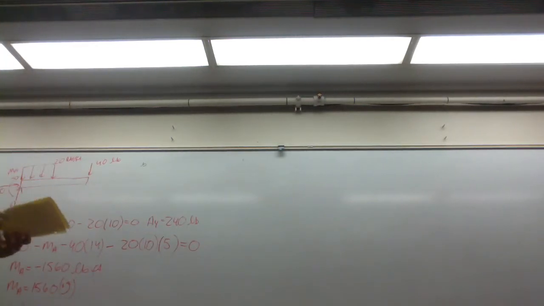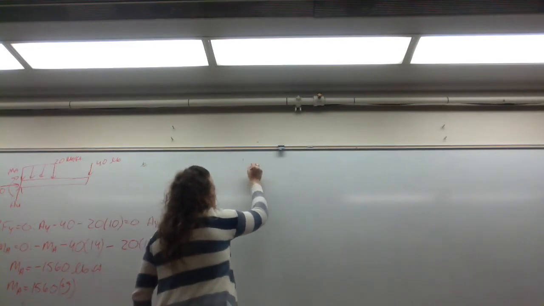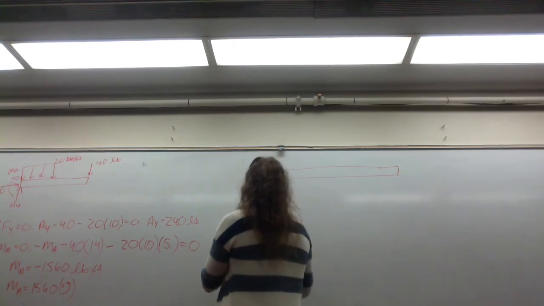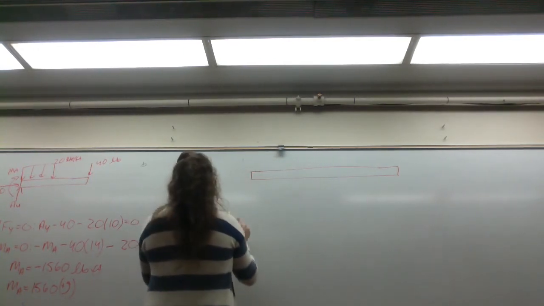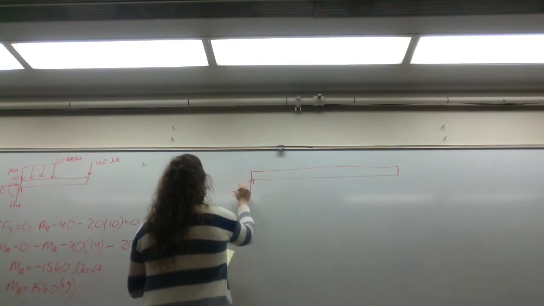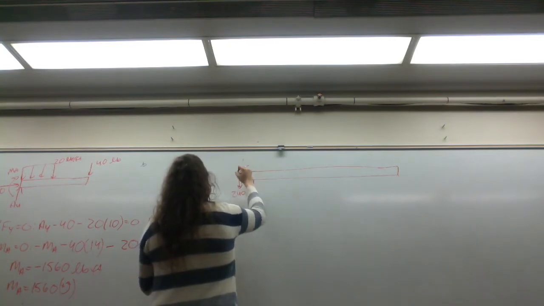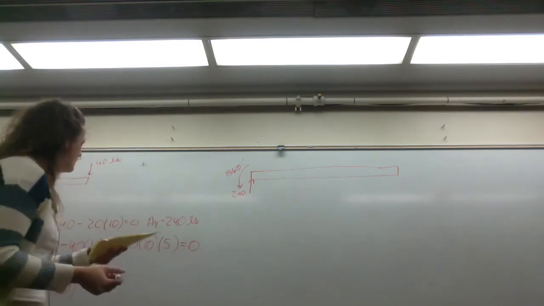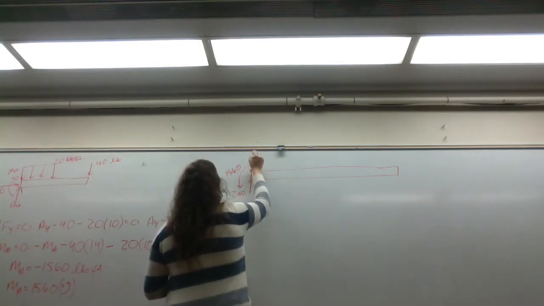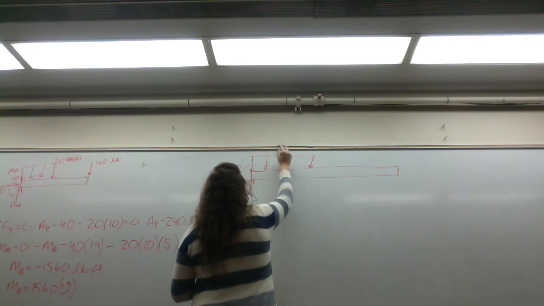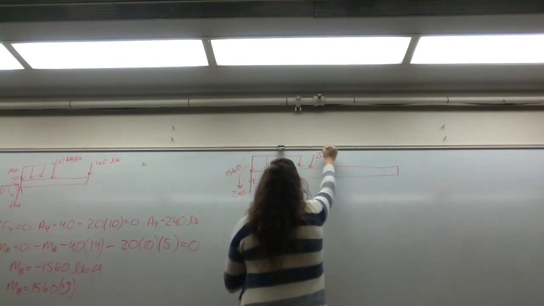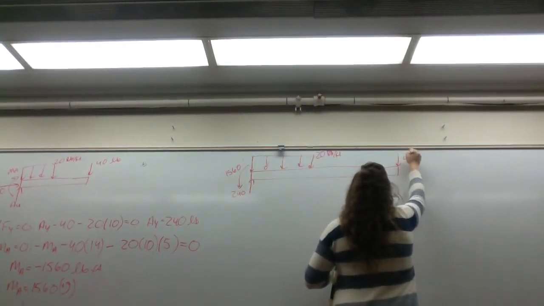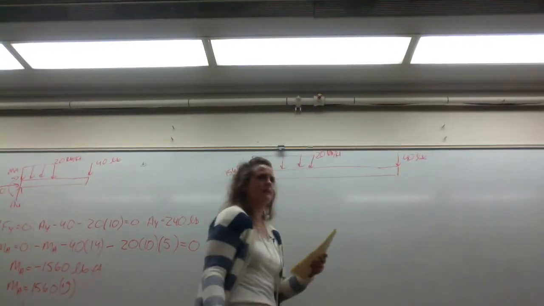So our second step, we discretize the beam with our loading conditions. Ay is 240 with a moment of 1560 foot-pounds. There's a distributed load of 20 pounds per foot with an applied force of 40 pounds at the free end.